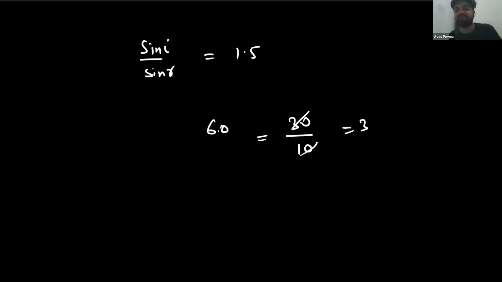If I make the numerator 60, then what should the denominator be? It should be 20, in order to make it 3. If I make it 120, then it should be 40.